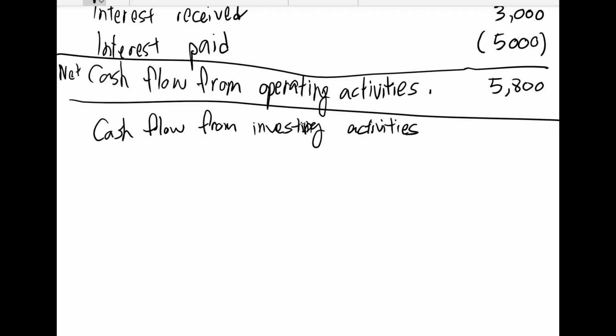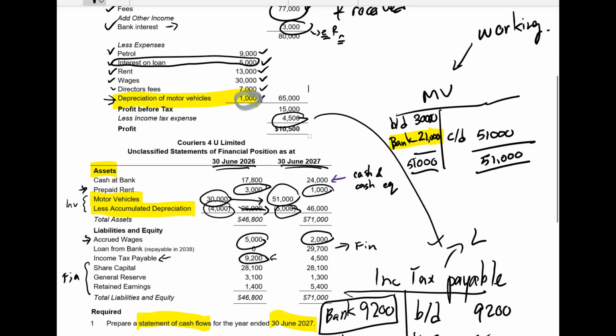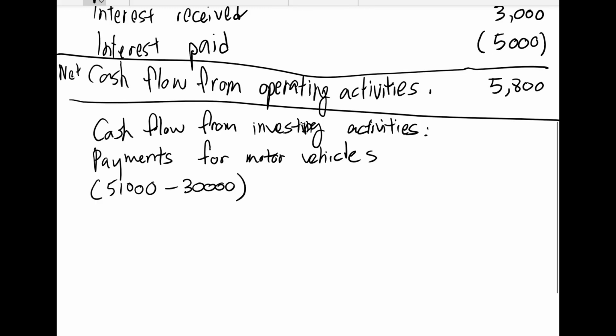Since you have bought new motor vehicles, it's supposed to be payments for motor vehicle, and the figure will be 51,000 minus 30,000. Or you can straight away take the figure from your workings, 21,000. So the figure here will be 21,000.